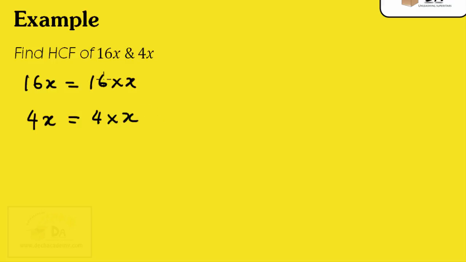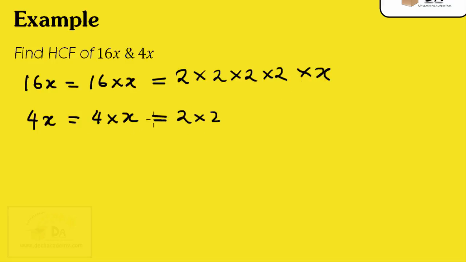Now let's break down 16 and 4 into products of their prime factors. And we just did that. 16 is 2 times 2 times 2 times 2, then times x. 4 is 2 times 2, and times x.